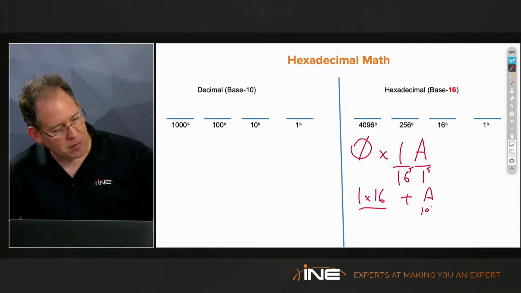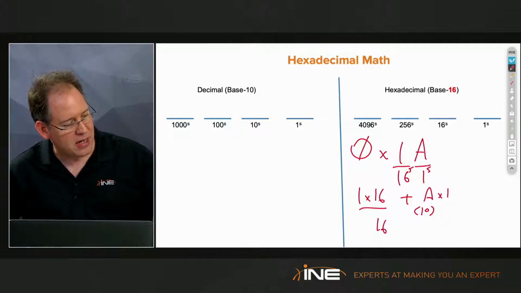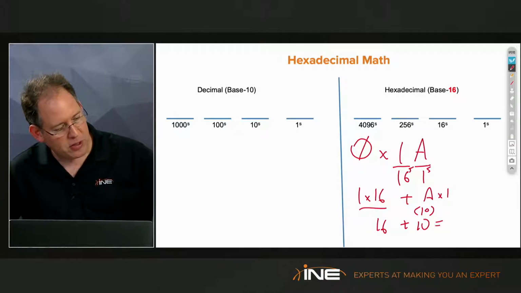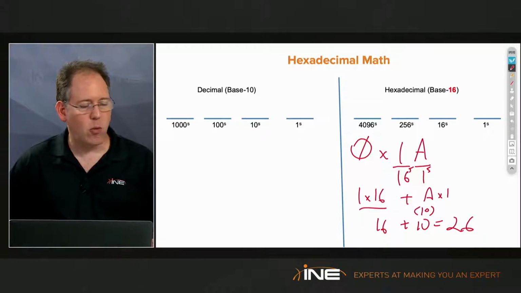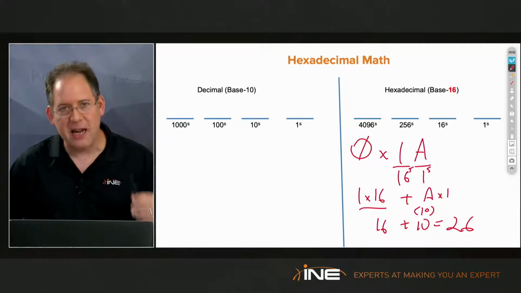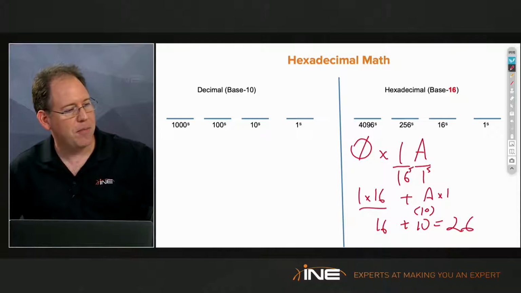So I'll just put that down here in parentheses. A times 1. So that's 10 times 1. So this ends up being 16 plus 10, which is 26. So 0x1a means I have a single value of 16 plus 10 values of 1. So 16 plus 10, 26.